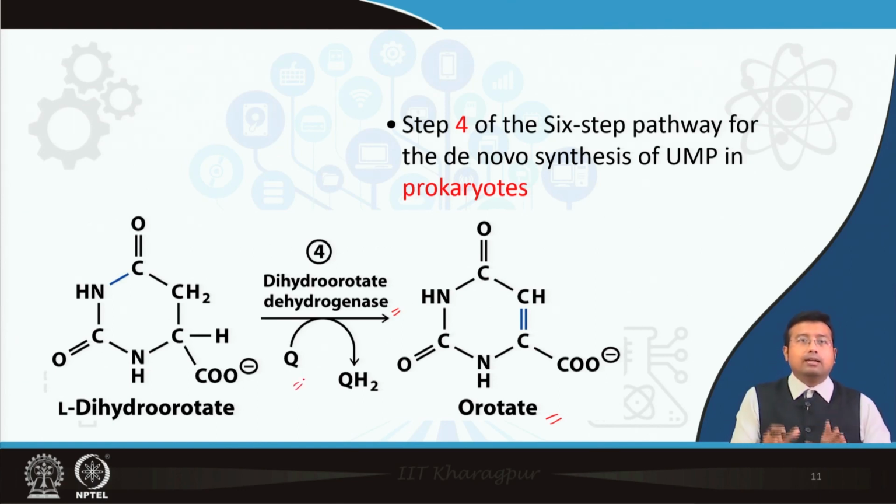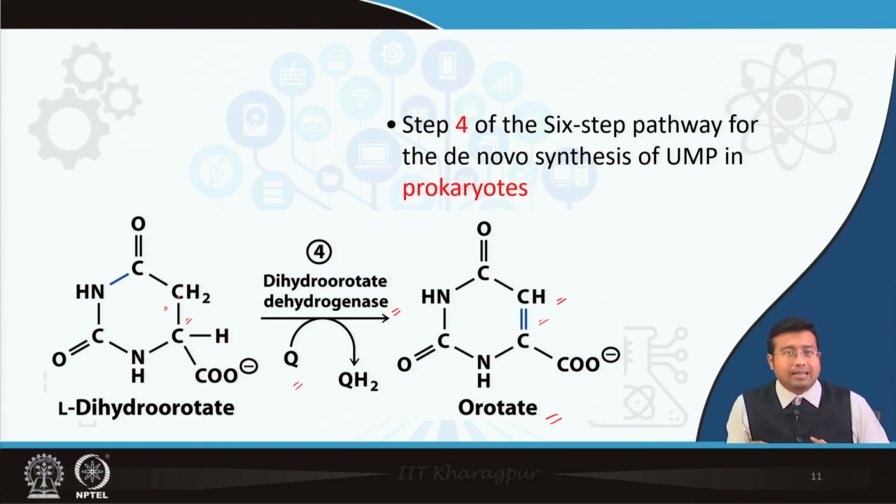So, simply there is a double bond formation over here. This is the NADH dependent dehydrogenase, and it leads to the removal of hydrogen atoms from the single carbon atom. So, we get orotate or orotic acid.